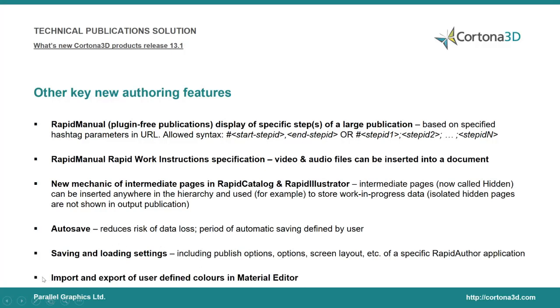And a similar enhancement is import and export UI commands for user-defined colors in the material editor. So instead of copying a system file, which you could do previously, now there is a much quicker way to export and import your material editor.